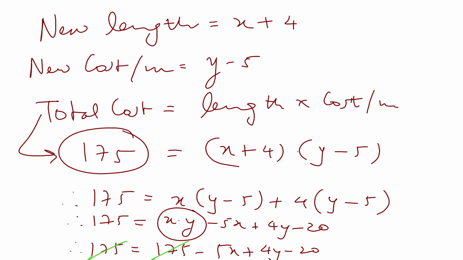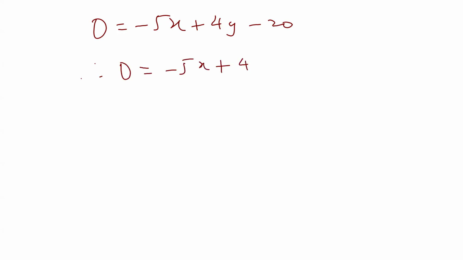So this will give me 0 is equal to minus 5x plus 4y minus 20. Therefore, I'll just put the value of y. The value of y is 175 upon x. This you have written, right?